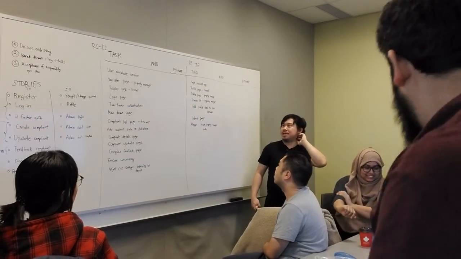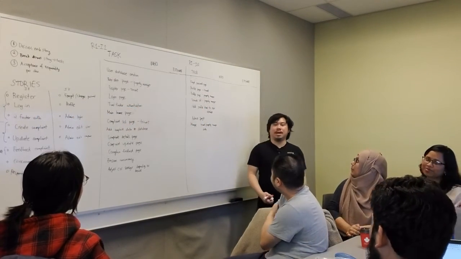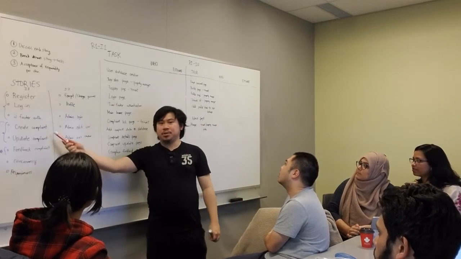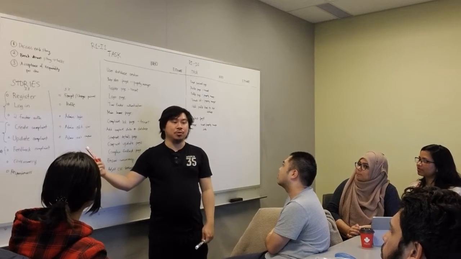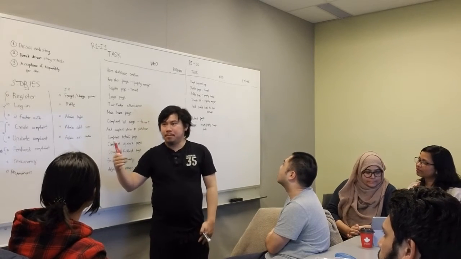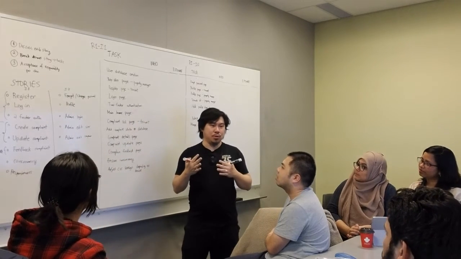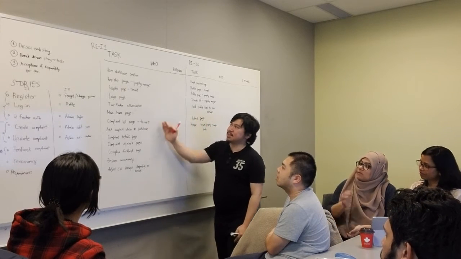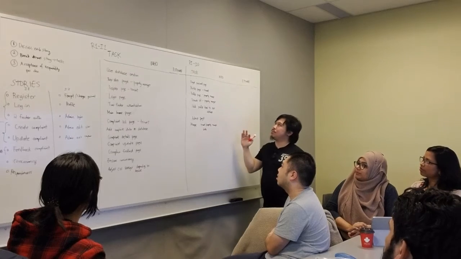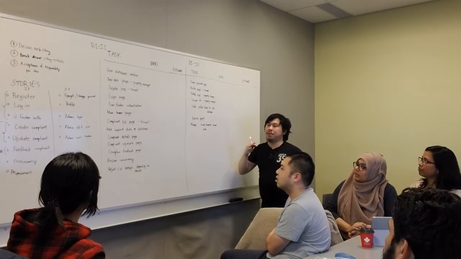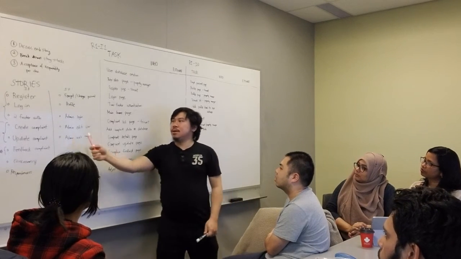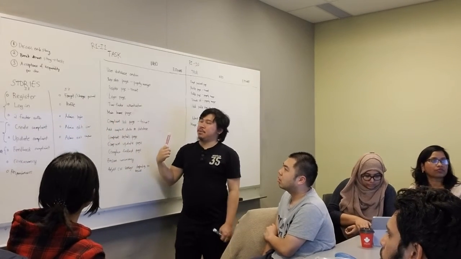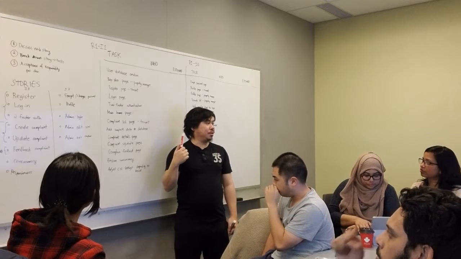Good. Okay, so we already identified all our stories for iteration 1 and iteration 2. And because we didn't want the video to go on longer, we've already identified all the tasks that we have per iteration. But to explain them shortly, our first stories basically revolve around registration.